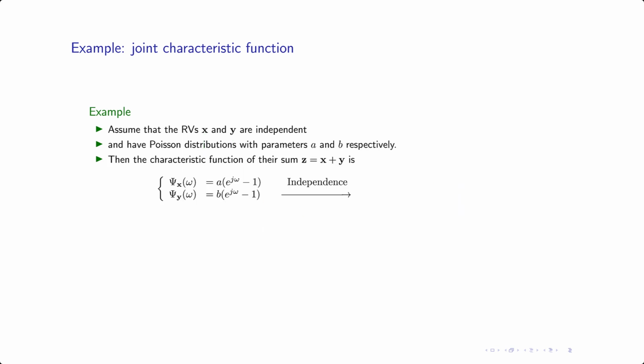So if you calculate the characteristic function and then take the logarithm of that, the second characteristic function for X becomes equal to this, and for Y becomes this.